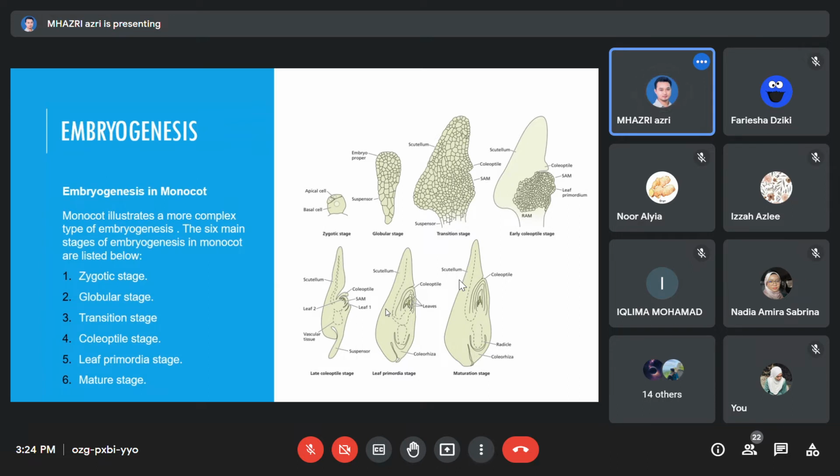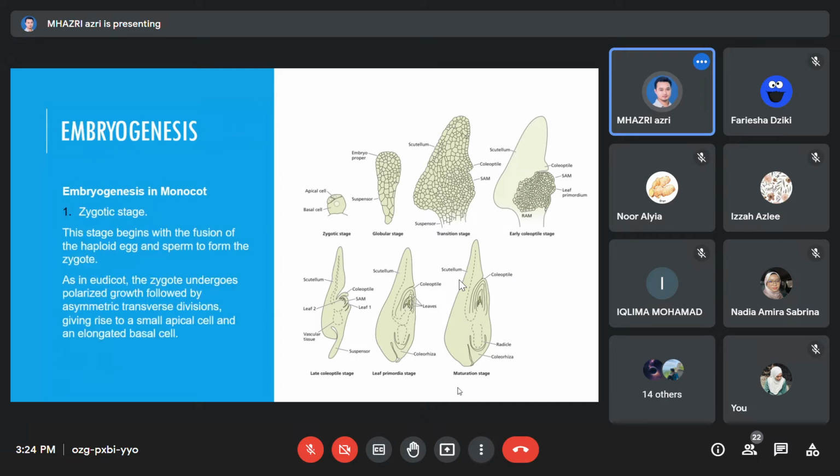In the zygotic stage, it is initiated by the fusion of sperms and ovums and produces diploid cells. These diploid cells will further divide to produce apical cells and basal cells in the globular stage. And then they have the transition stage.